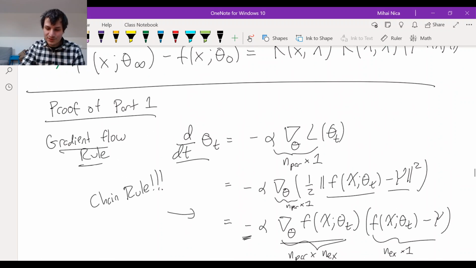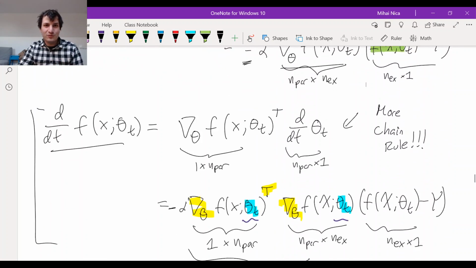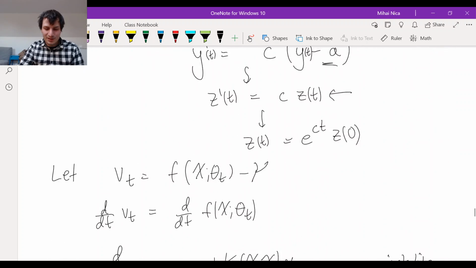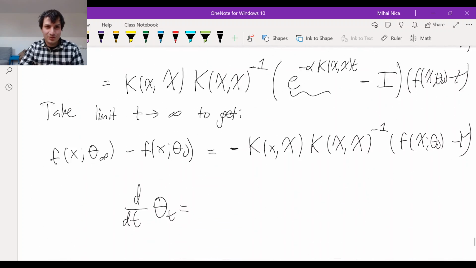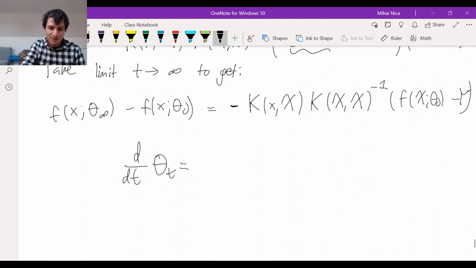Here it is. It was the very first thing we did. So we had the formula for the derivative of theta of t, and it depended only on the vector f of x theta t. So by using the exact formula we had, in exactly the same way, with exactly the same matrix exponential, you get a very similar formula for theta of t. So I'm going to maybe skip the details of that. You can read it in the notes. Maybe it's worth putting in the video the formula that you get.